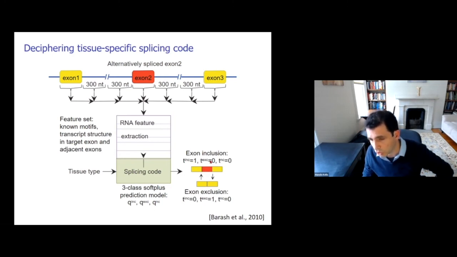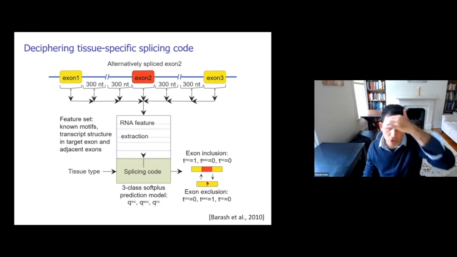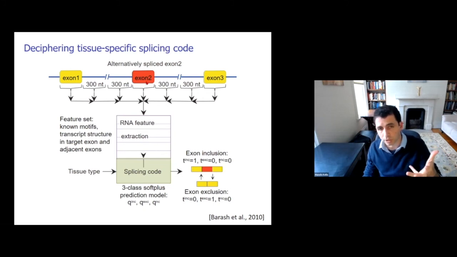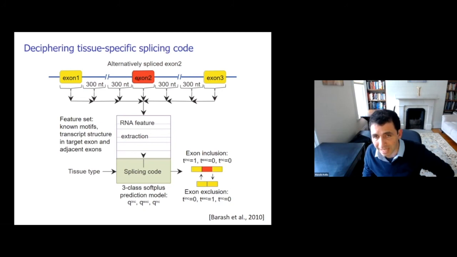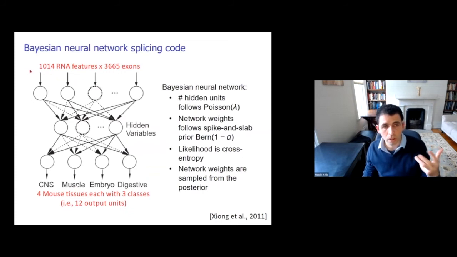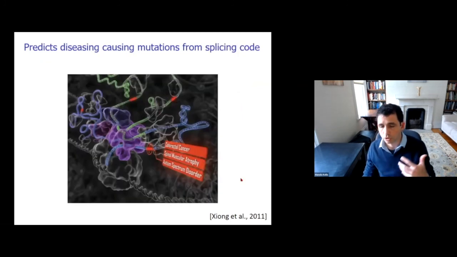And then you have an inclusion score, an exclusion score, and so on and so forth, which allows you to start asking, how well can I predict whether that exon will be included or excluded using a convolutional neural network that's looking at all of these neighboring sites. For example, the 300 nucleotides flanking the exon of interest, the 300 nucleotides flanking the exons surrounding my exon, and the exon itself, for both the one that I'm trying to predict and for the ones before and after it. And using this through hundreds, actually thousands of exons and thousands of RNA features, what Xiong et al.